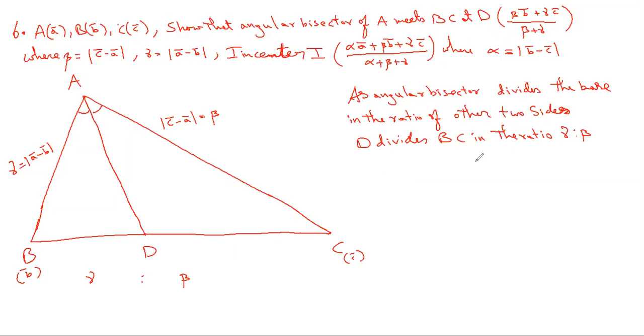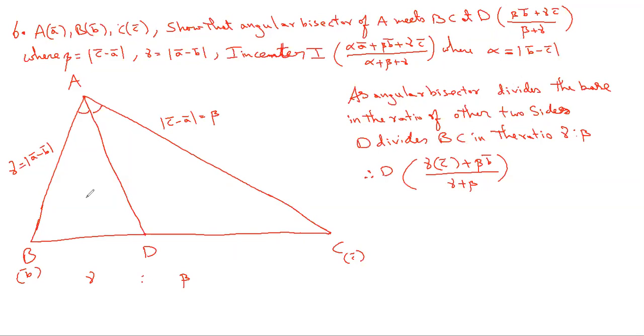Using the section formula, the D position vector is M B bar, with M as gamma, B bar as C bar, plus N as beta, A bar as B bar, by M plus N, gamma plus beta. That's what they have given, right? Beta B bar plus gamma C bar. Same thing. So directly we get it from that.